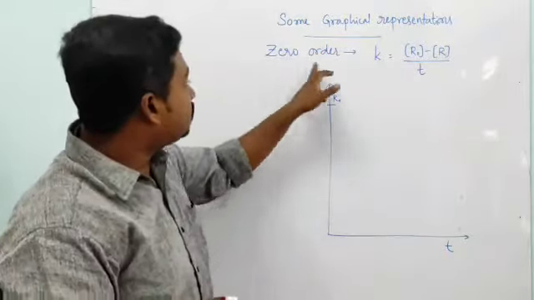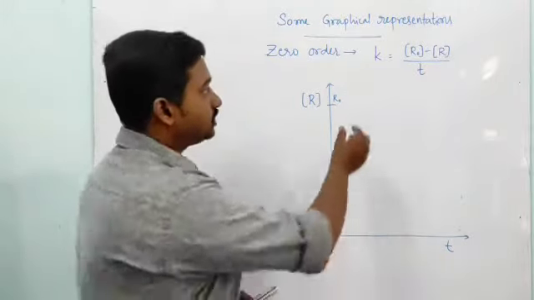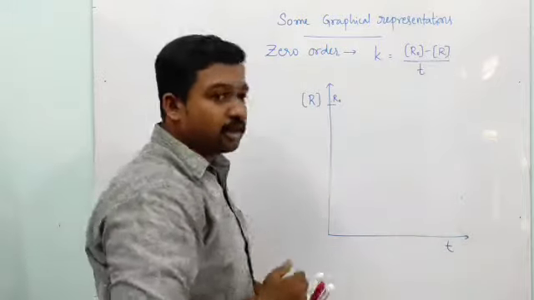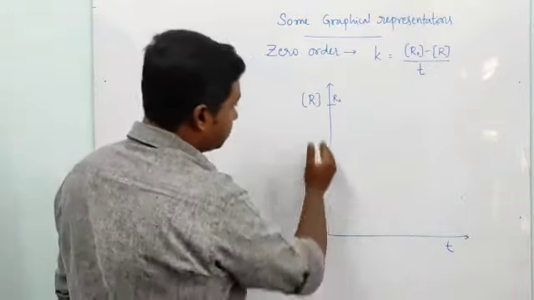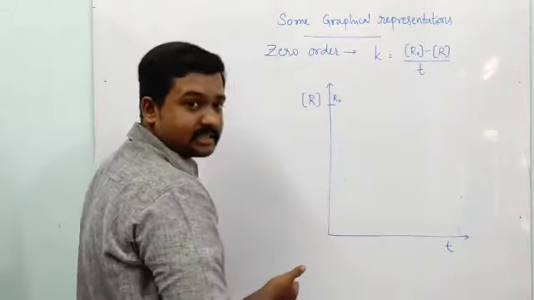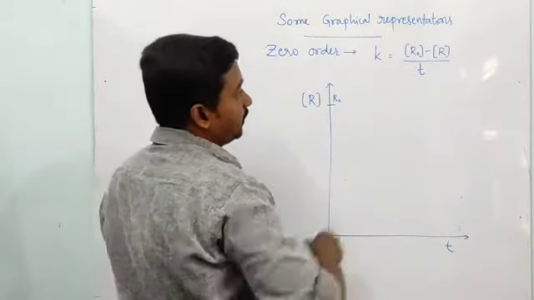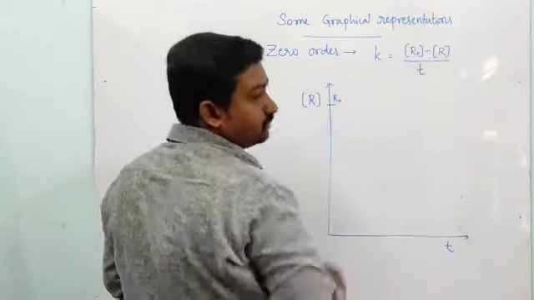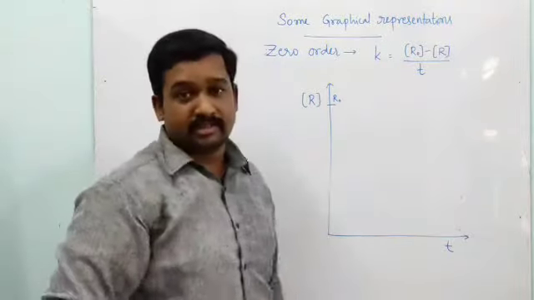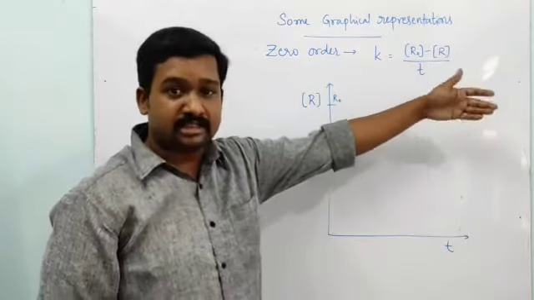So for a zero order reaction, we have derived the integrated rate expression, the rate constant expression like this, k = (R0 - R) / t for a zero order reaction. Now I have chosen reactant concentration along the y-axis and time along the x-axis. As you can see in the expression, R0 minus R, the value keeps on decreasing as the time progresses, because the concentration of R changes as time goes.